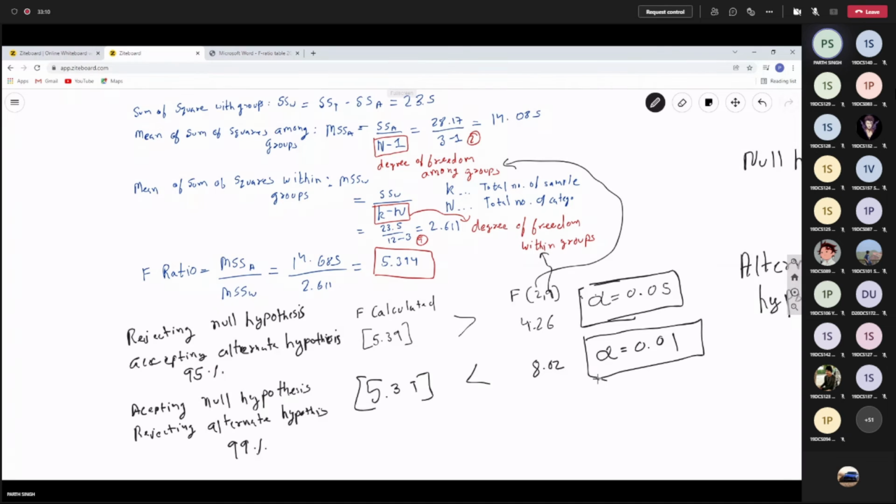And it is again a very lengthy process, which is not purely mathematical; it is based on many things. So we are not understanding how to calculate alpha, but we are understanding how to calculate the F ratio and what terminologies we are taking care of.